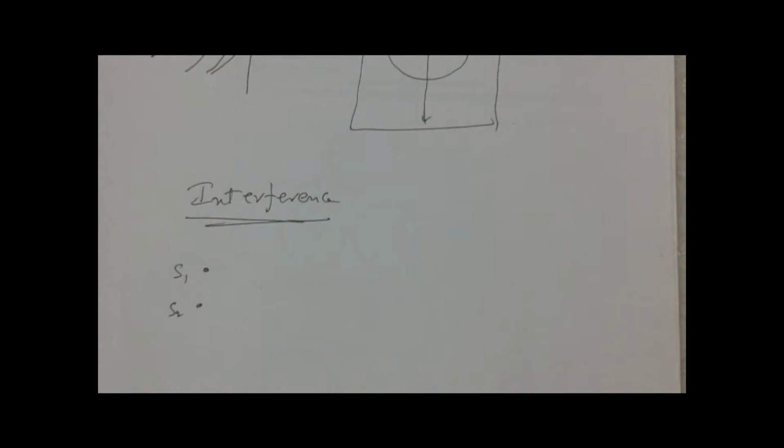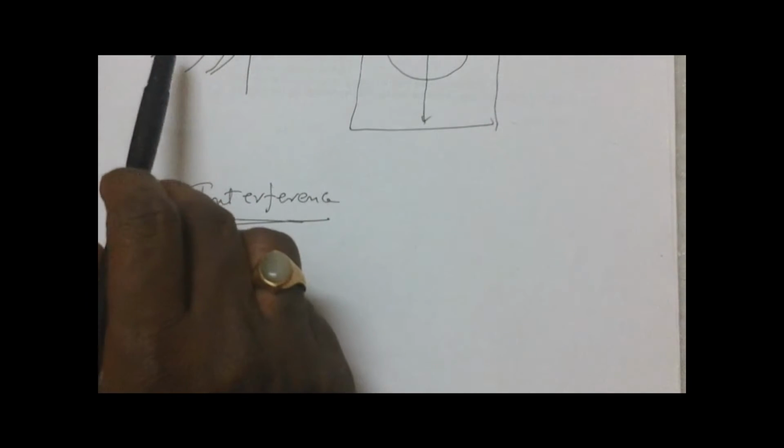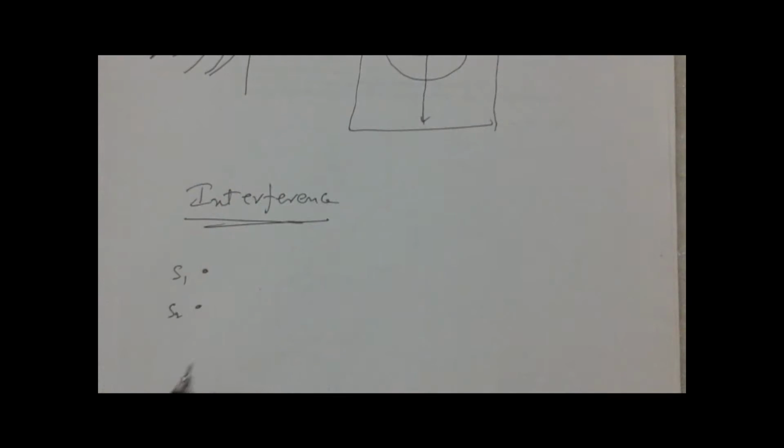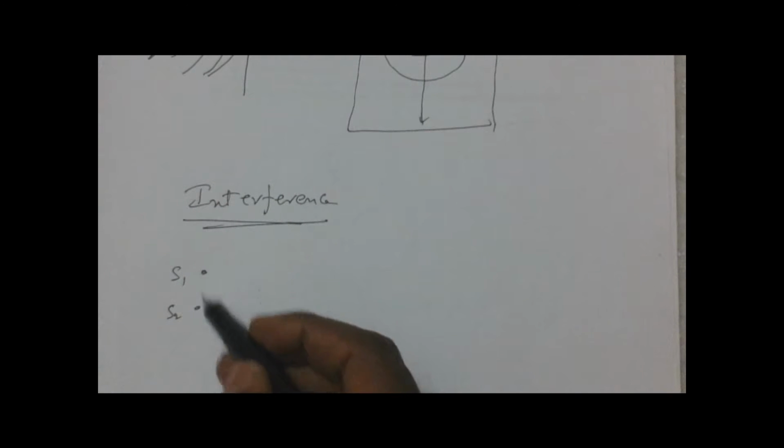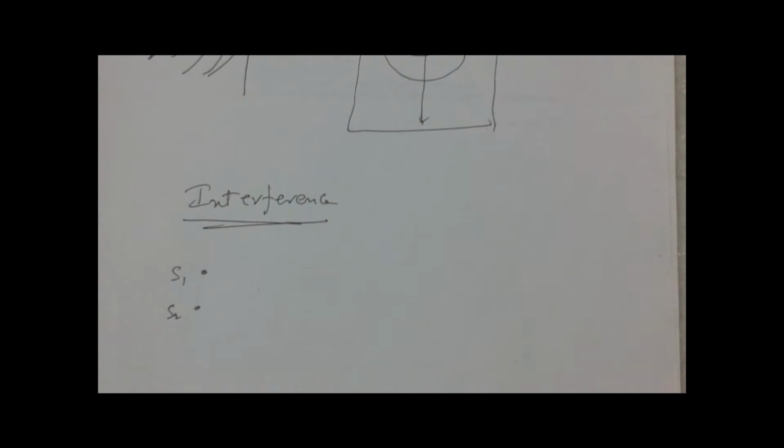Directly we have to take two coherent sources, not a single source. Here we had a single source, but here we should have two different sources. They should be coherent, meaning constant phase maintenance and same frequency, nearly equal frequency maintenance. Then it is called coherent sources.